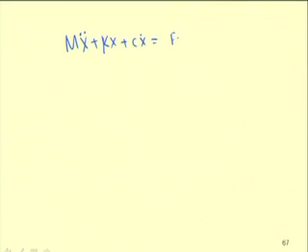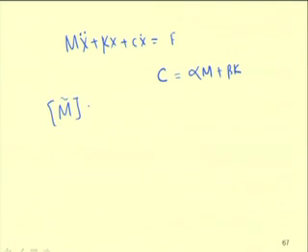To find the forced response of the system, if damping is not present, or if one uses Rayleigh damping, that is C equal to alpha m plus beta k, then this equation reduces to m x double dot plus k x equal to f.